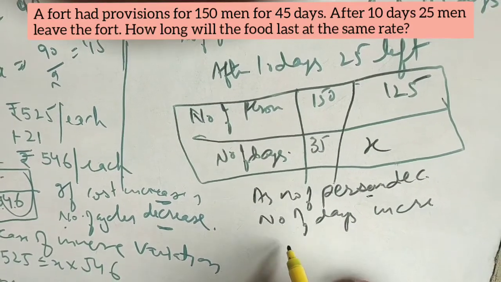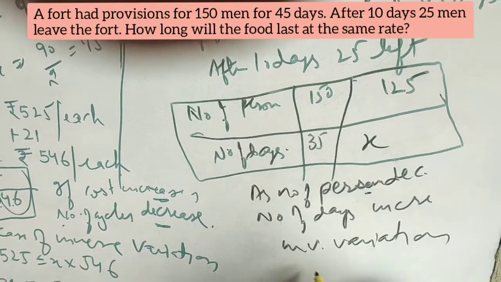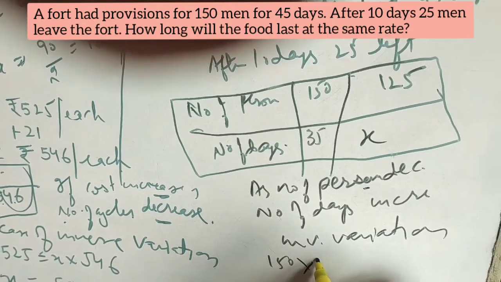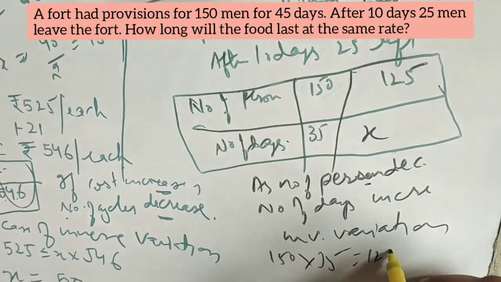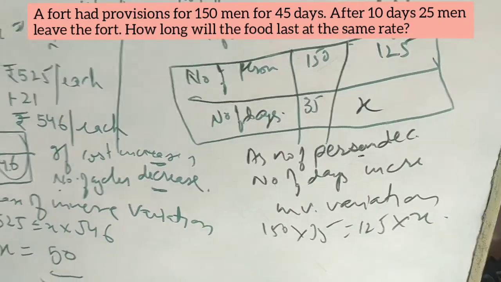So this is a case of inverse variation, and you can solve it. 150 into 35 should be equal to 125 into x. Clear? You can solve it.